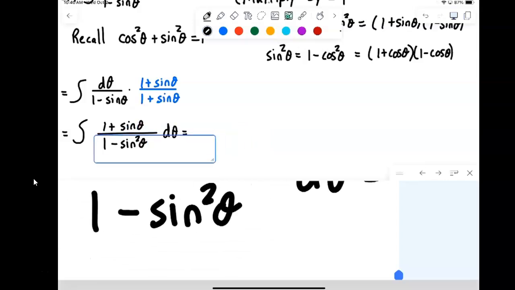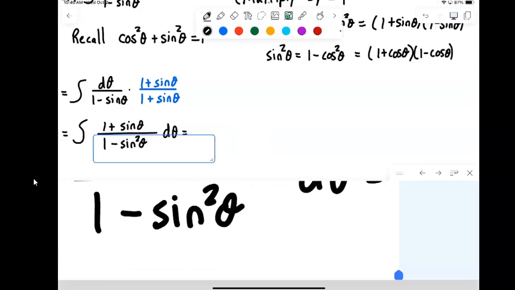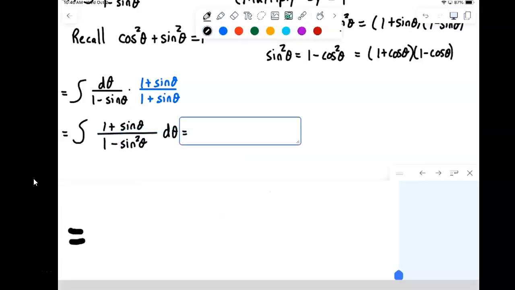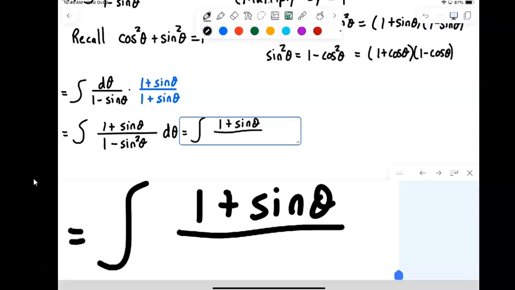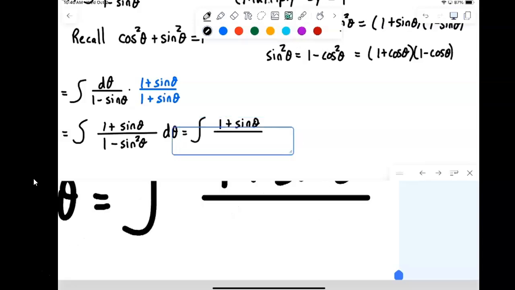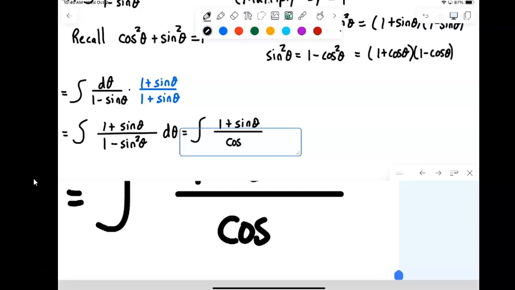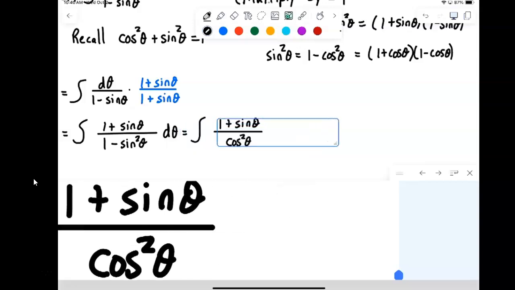Of course, the reason we did that is so that we can convert this into a cosine. So on the top, we're still going to have 1 plus sine theta. On the bottom, 1 minus sine squared becomes quite simply cosine squared theta d theta.